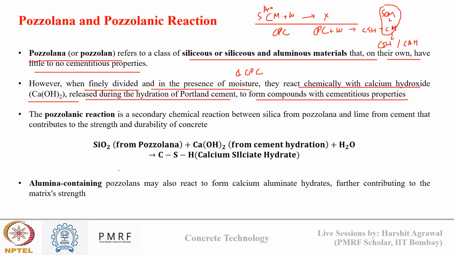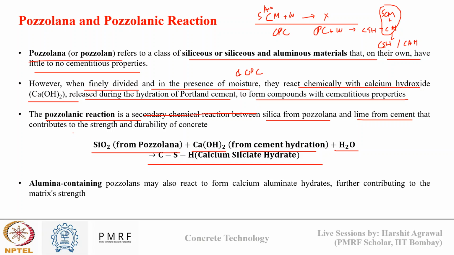This secondary chemical reaction between silica from pozzolan and lime from cement is known as the pozzolanic reaction. So silica from pozzolana reacts with calcium hydroxide from cement hydration in the presence of water to form calcium silicate hydrates, and this reaction is known as pozzolanic reaction.